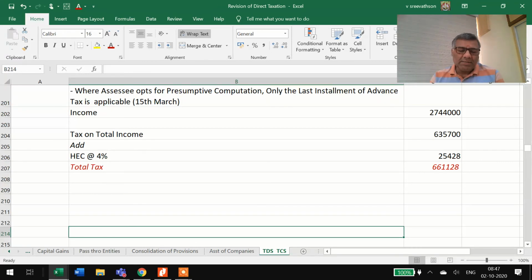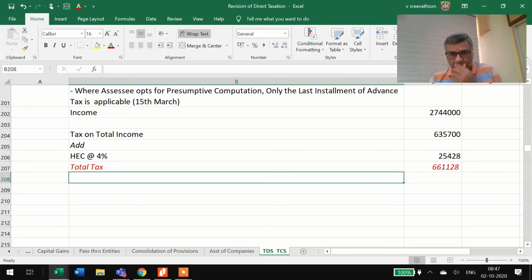The assessee has not paid any advance tax and is ready to file in June.